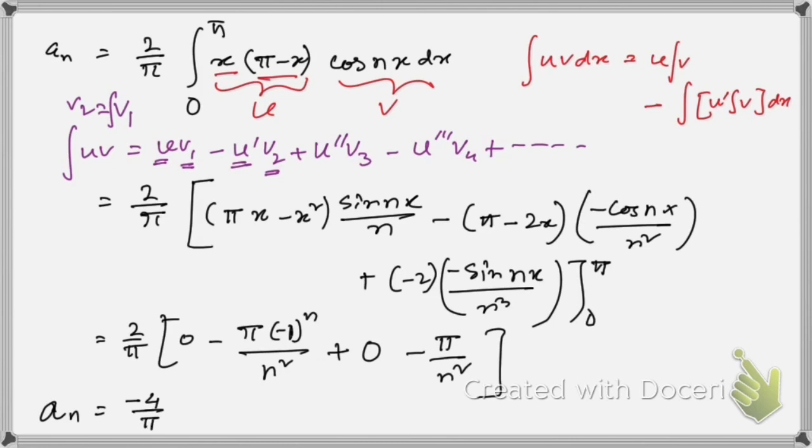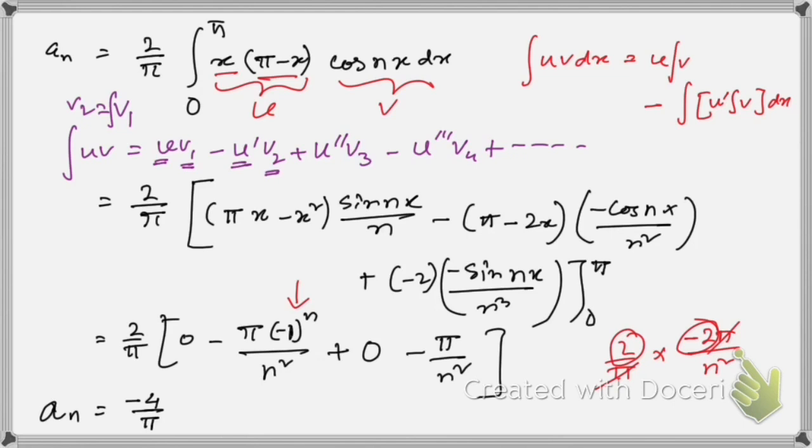If you simplify this, if n is even, minus pi by n square minus pi by n square, there will be minus 2 pi by n square, and outside we have 2 by pi as well. So this pi is cancelled, and here pi is cancelled, then 2 times minus 2 gives minus 4 here.